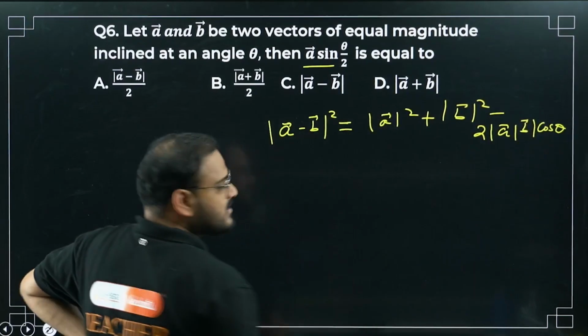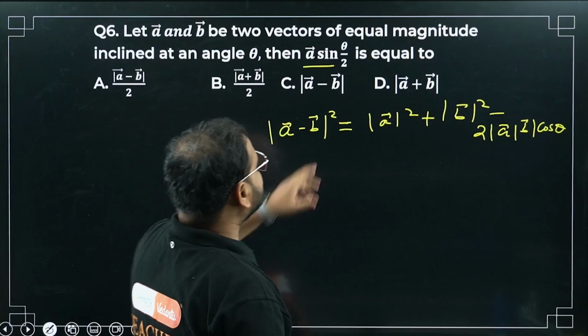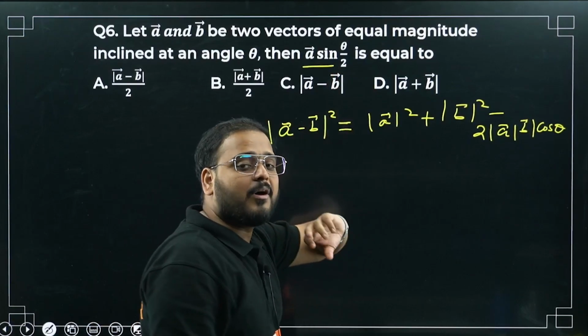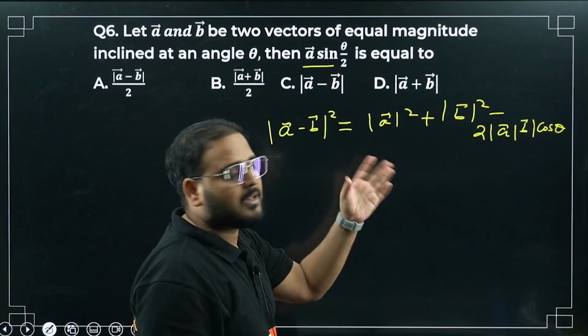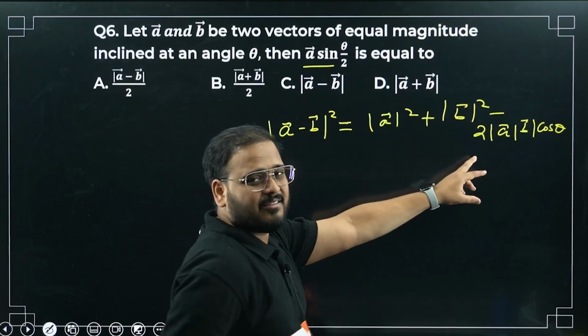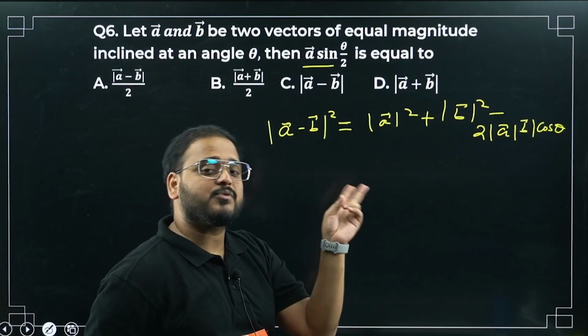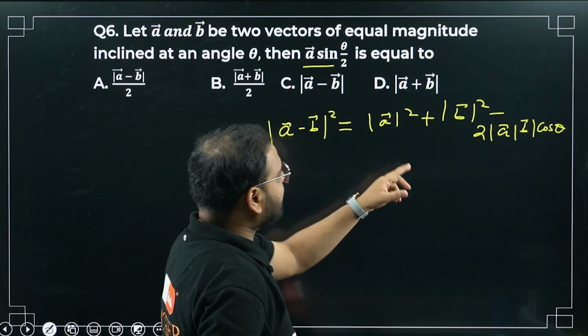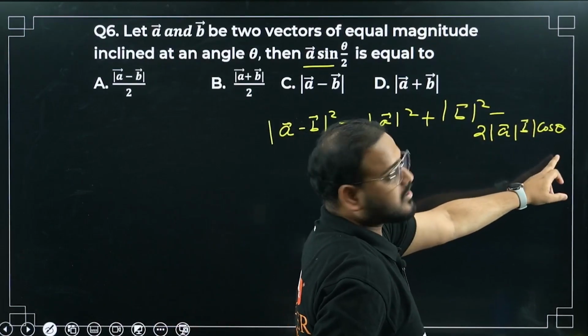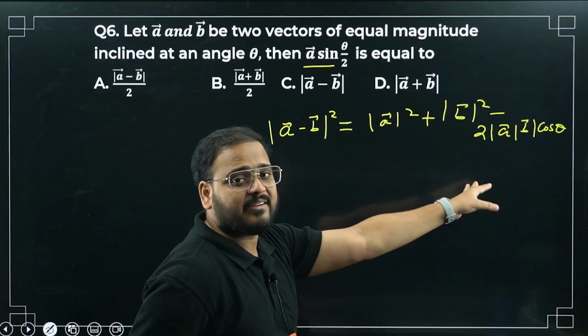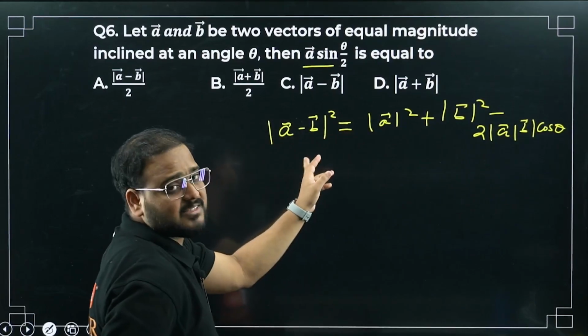Why only this? Because I'm looking for sine theta by 2. That will apply the formula of cos 2 theta or sine 2 theta. So that can come if I have a negative sign. 1 minus cos 2 theta, I can write as 2 sine square theta. That's why I'm taking a minus sign over here.